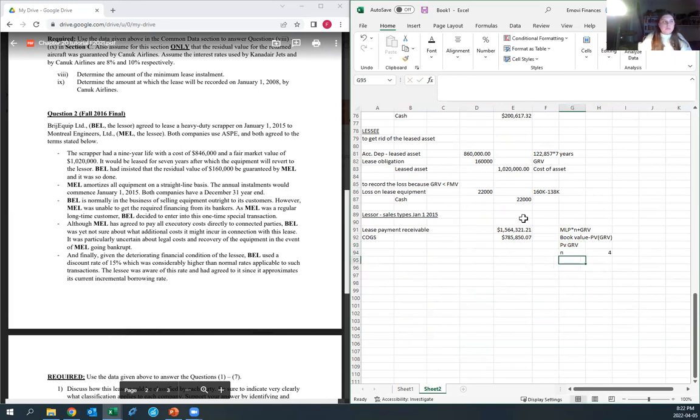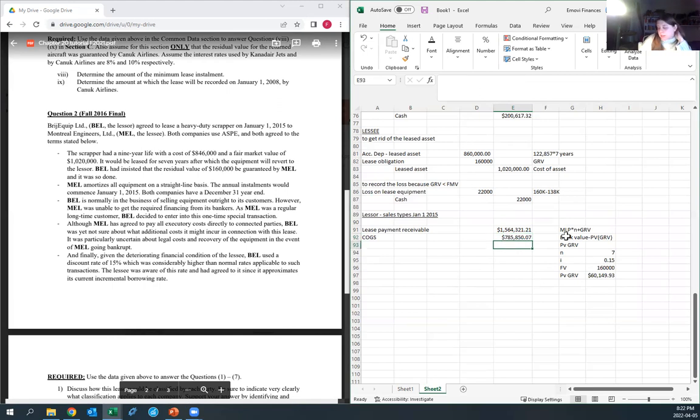Oh, I got confused with the other question. It's 7 here instead of 4. So the present value of the guaranteed residual value is 60,000. So you subtract that from your book value, and it gives you a COGS of 785.